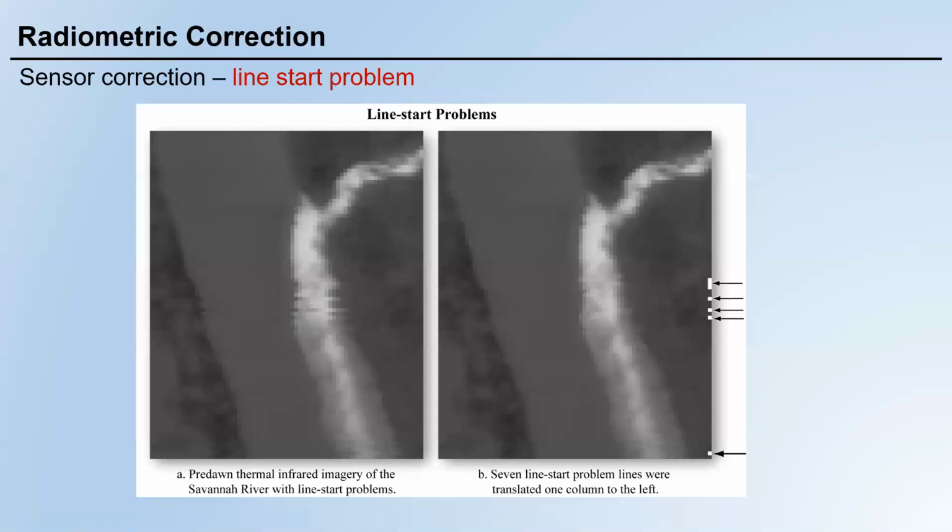That's the reason why there is a spatial error of one pixel. All those sensors responsible for the several lines started late, or started earlier than they should have. So here is the problem.